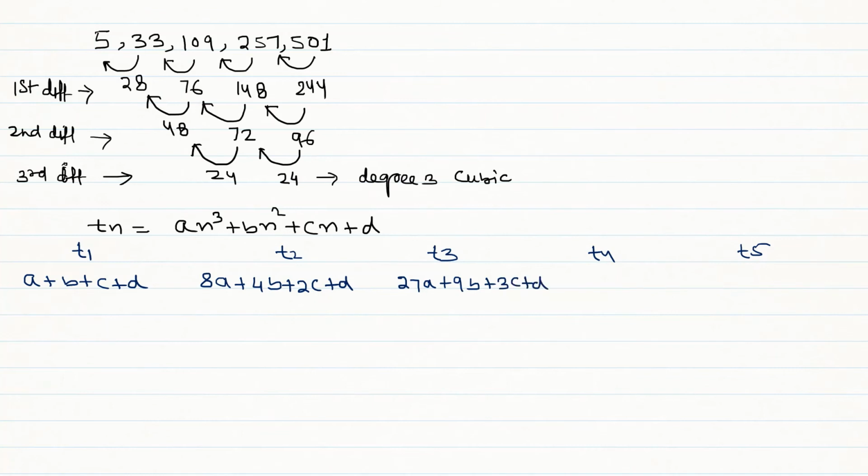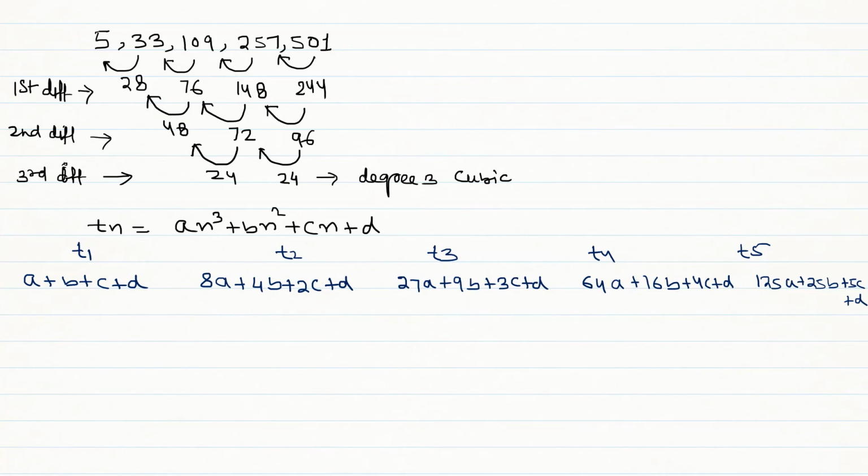With n as 4, it must be 64a plus 16b plus 4c plus d. And of course with t5, it should be 125a plus 25b plus 5c, and of course plus d over here.